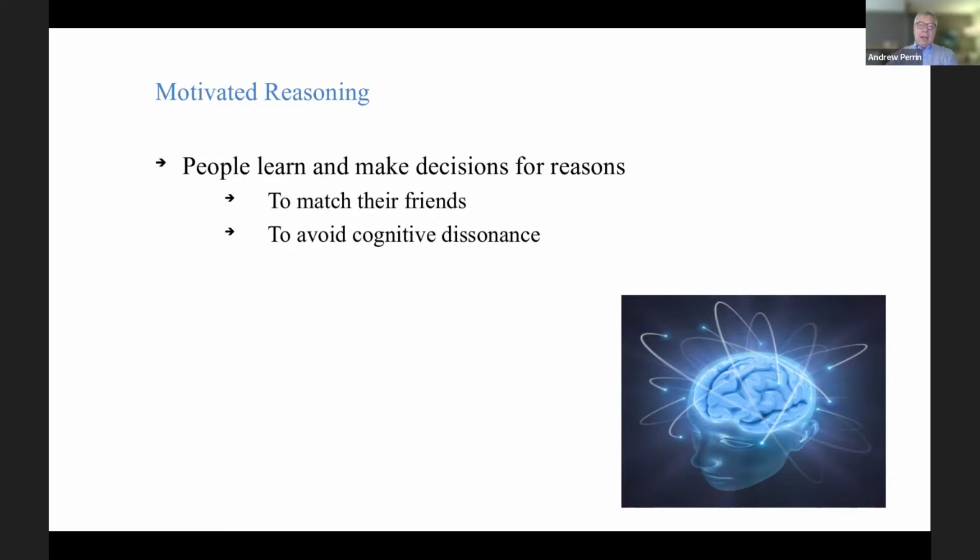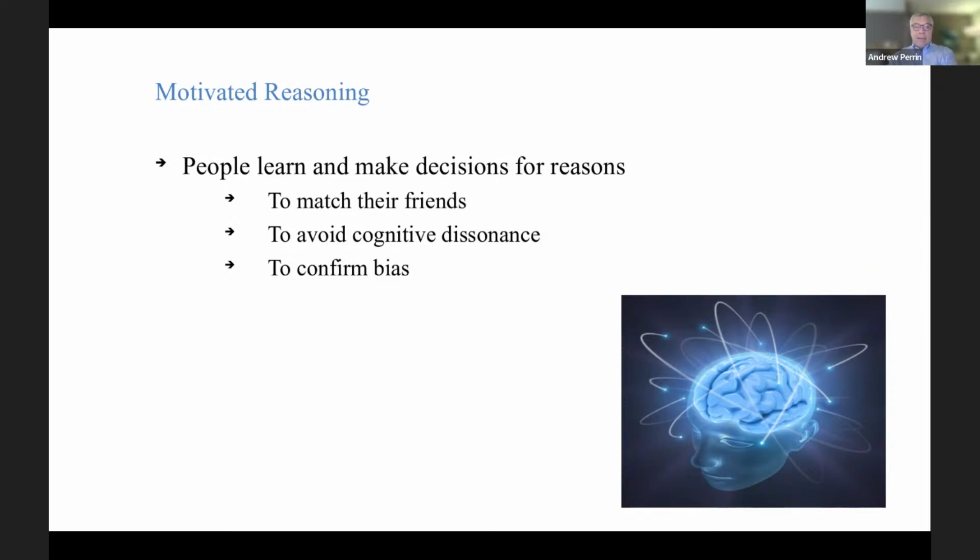That is, it may be hard to hold two different ideas in one's head at the same time that seem contradictory to one another. Now, we know actually that people hold lots of beliefs and ideas that contradict one another. So people don't always avoid cognitive dissonance. But avoiding cognitive dissonance is one of the ways that people seem to try to decide what to learn, essentially.